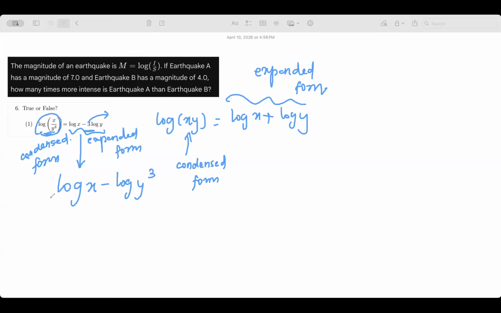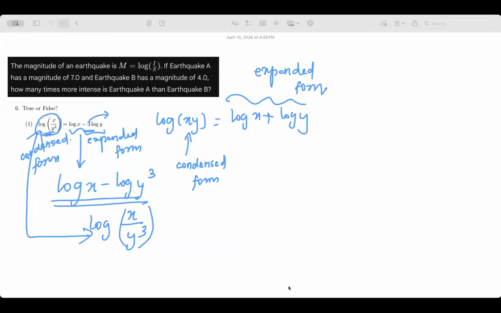Now there is a minus, so I can write it out as x by y cube. So they both are one and the same. Make sense, guys? Sometimes they can clearly ask you whether this is equal to this. So you should be able to convert from condensed form to expanded form and expanded form to condensed form easily. Let me go ahead.